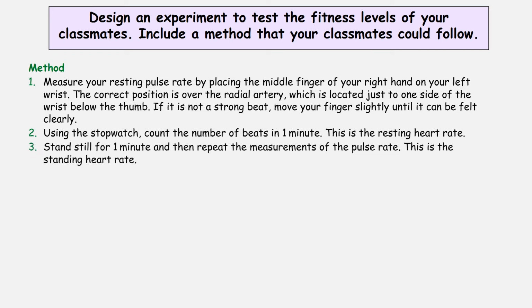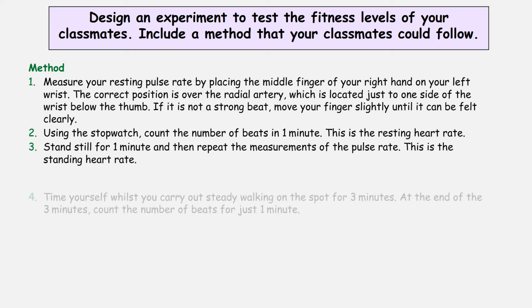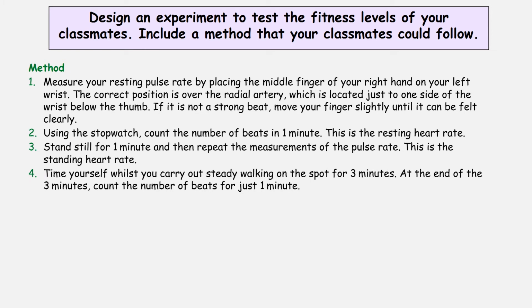We would then stand for 1 minute, and then you can repeat the measurements on the pulse rate. And this is the standing heart rate, which will be different to the resting heart rate. Then time yourself whilst you carry out steady walking, for instance, on the spot for 3 minutes.